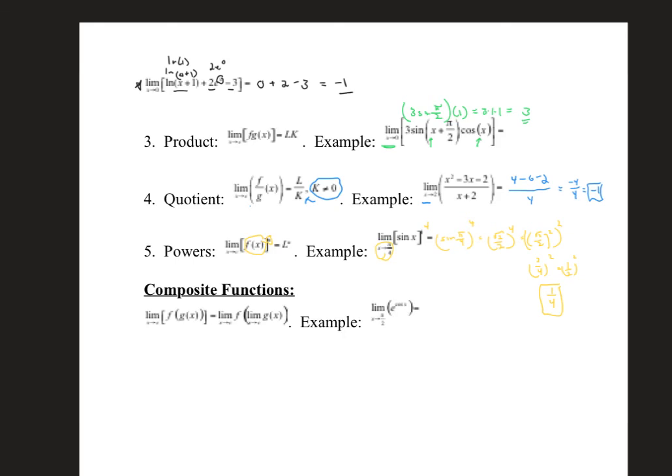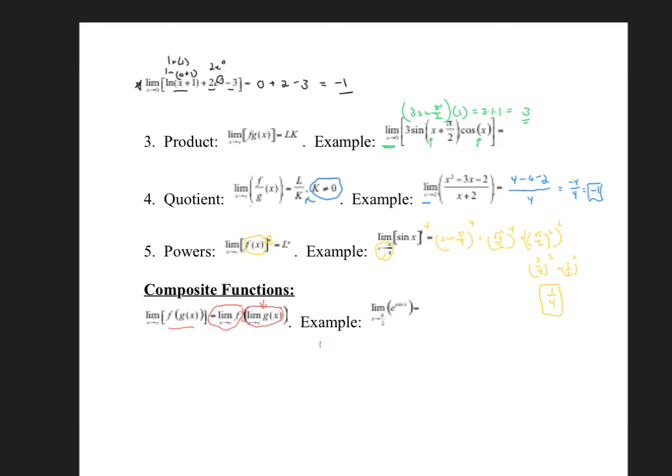Okay, so crazily enough, you can also find the limit of composite functions by first finding the limit of the inside function and then taking the limit of the outside function at that result. This is supposed to be e to the cosine of x as x goes to pi over 2.